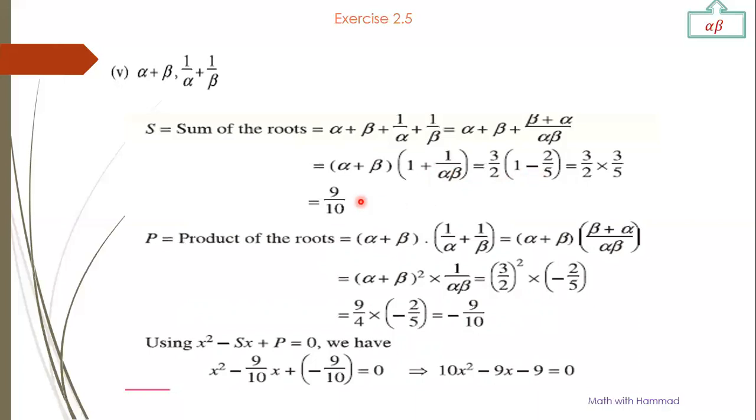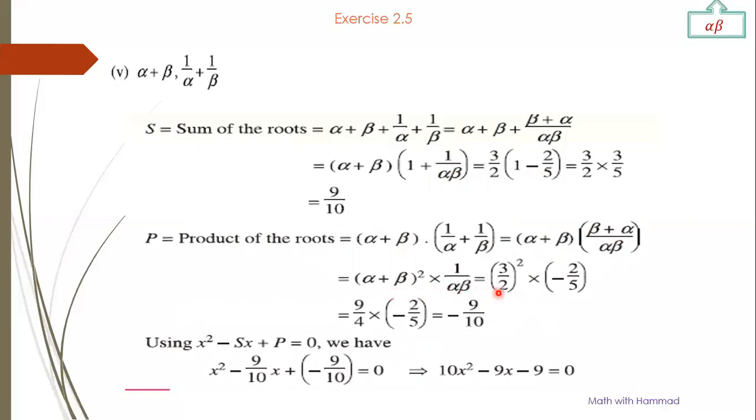Now after simplification we get 9 by 10 as the value of S. And P means the product of these two roots, alpha plus beta into 1 over alpha plus 1 over beta. Alpha plus beta into, again taking the LCM, alpha plus beta over alpha beta. Now, alpha plus beta into alpha plus beta is alpha plus beta whole square multiplied by 1 over alpha beta.